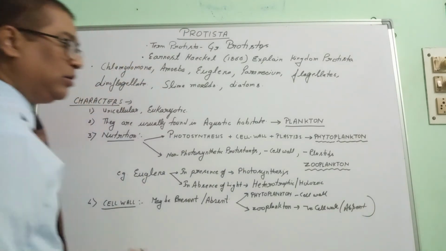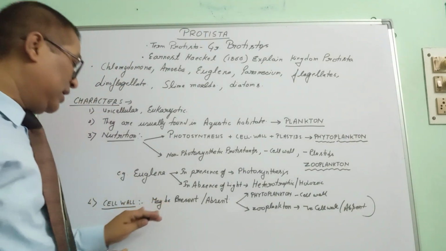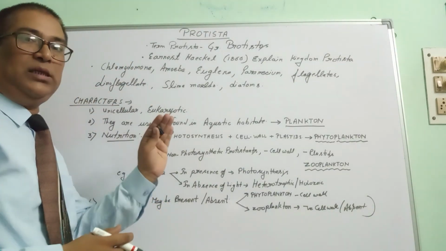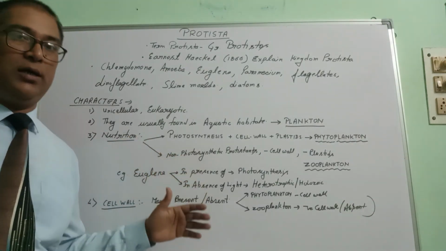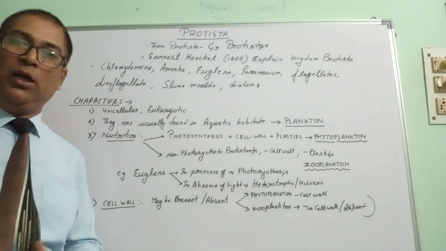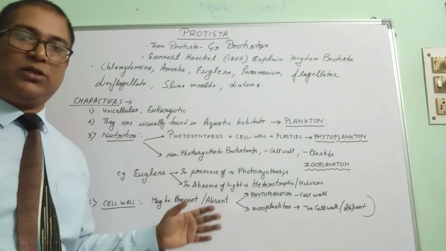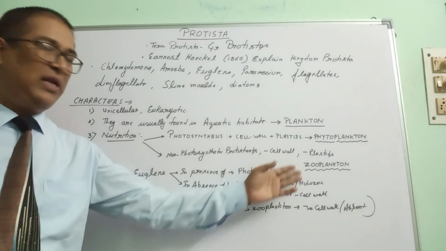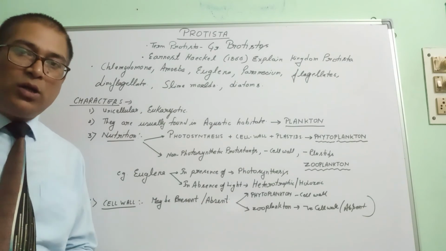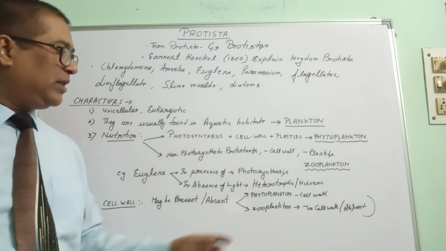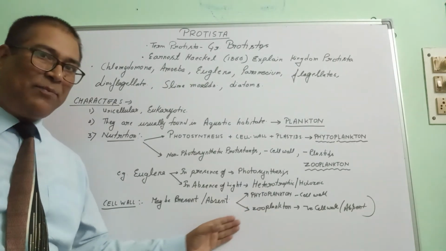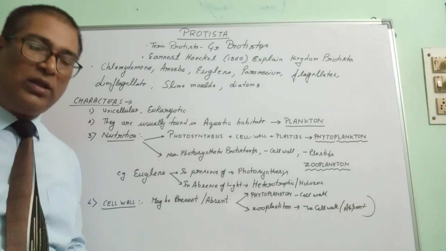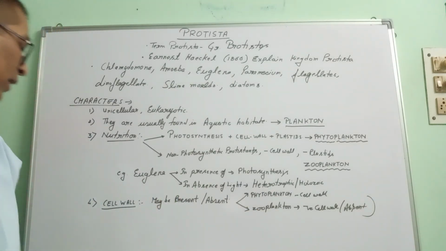So the difference in the protistans is on the basis of the cell wall. Protista which belong to phytoplankton have the cell wall, but those which belong to zooplankton show holozoic nutrition and generally lack the cell wall. They have the cell membrane.